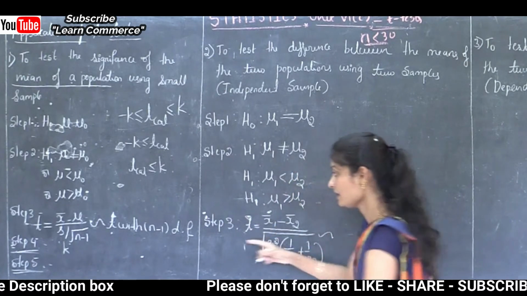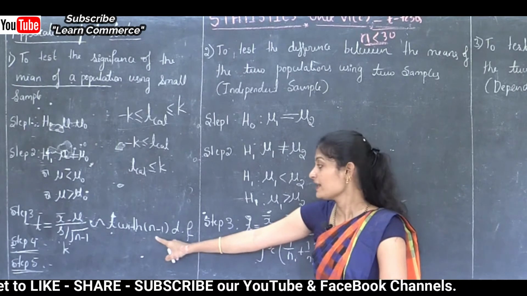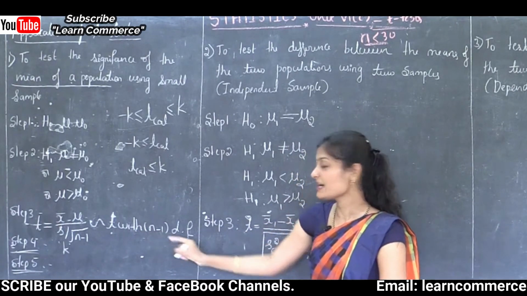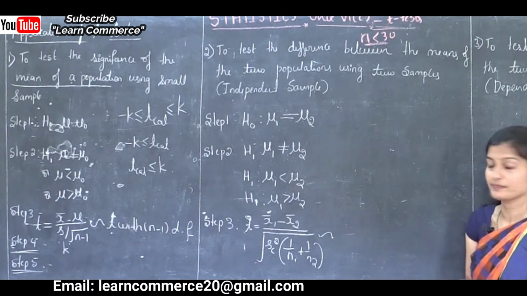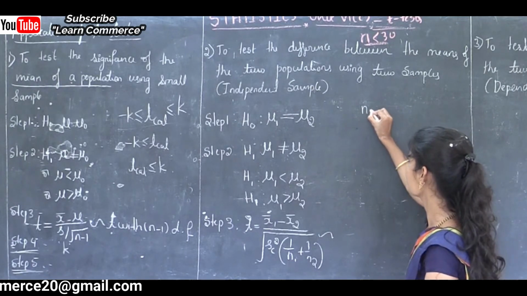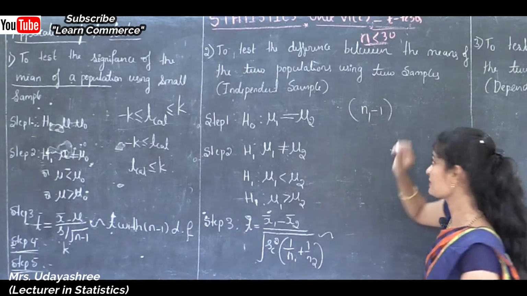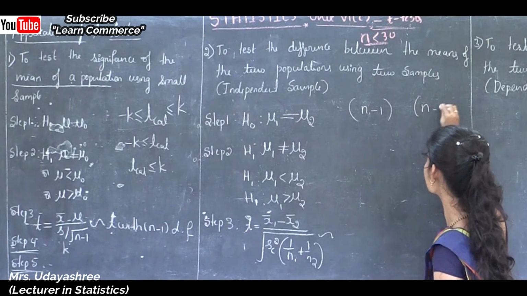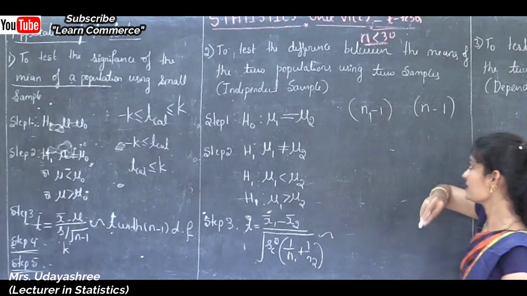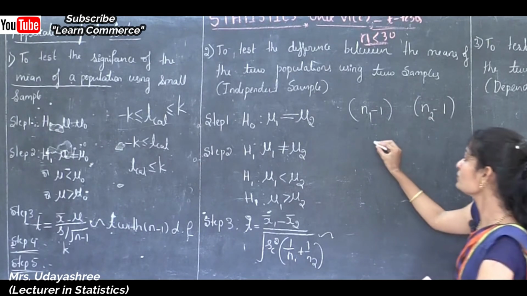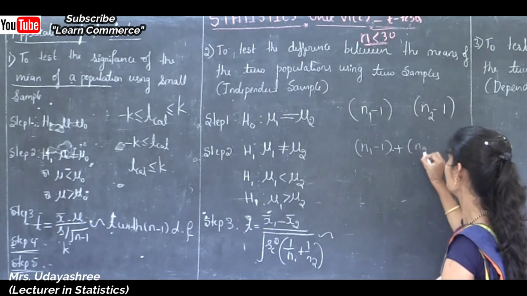In the first application there is only one set of observations, so we wrote t with n minus 1 degrees of freedom. Here two sets of observations are there. For one set it is n1 minus 1, and for the other set it is n2 minus 1. So the degrees of freedom are n1 minus 1 plus n2 minus 1.